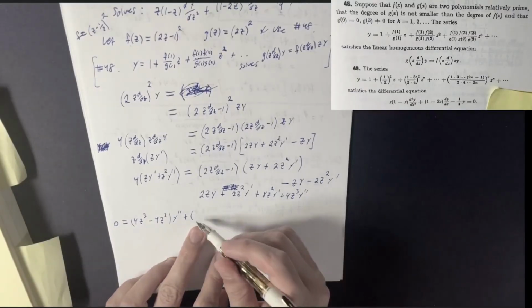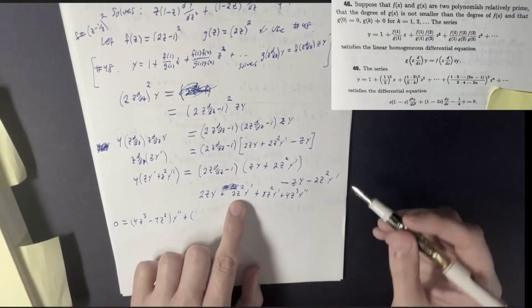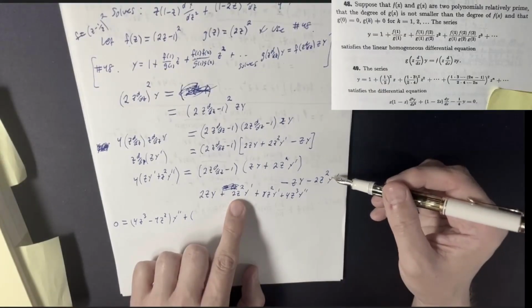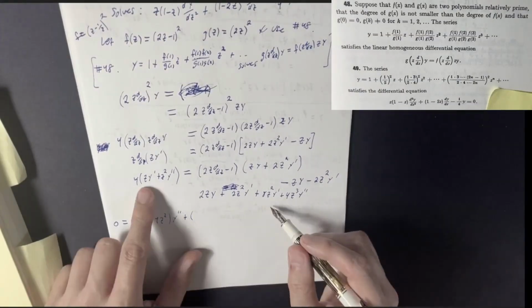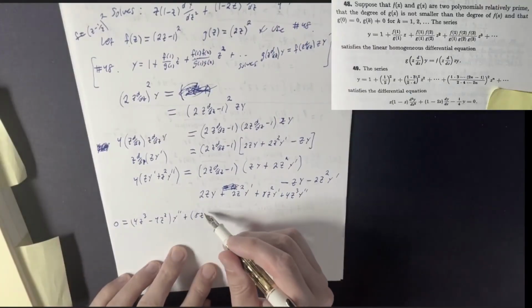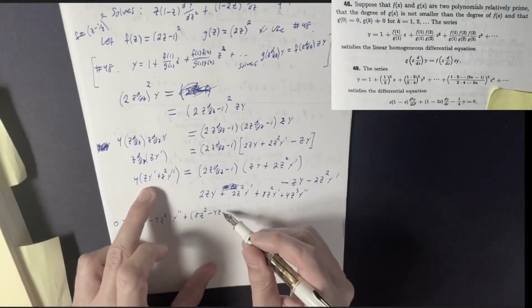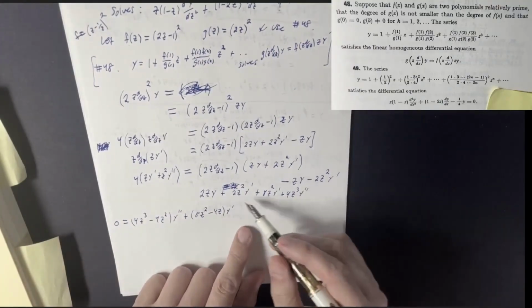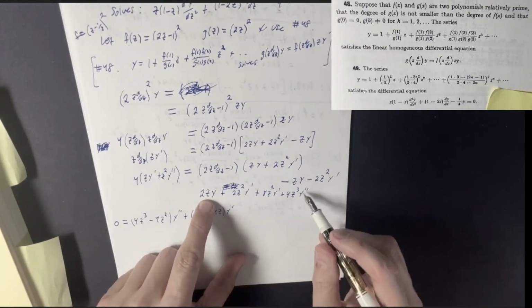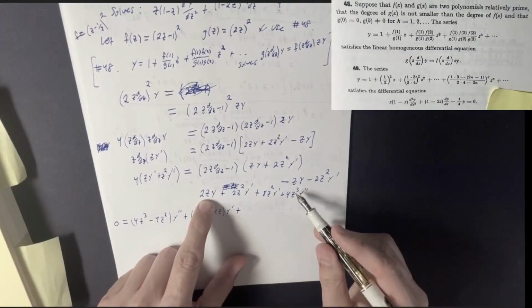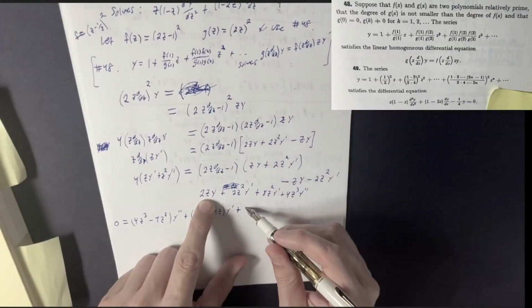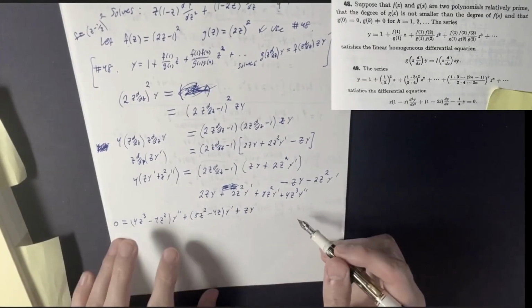Let's see. I got 2z squared minus 2z squared. Sweet. So that's gone, but this is still there. 8z squared minus 4z. And then there's a constant. Well, I said constant, but I mean the single y. 2z minus z. And this stuff equals 0.